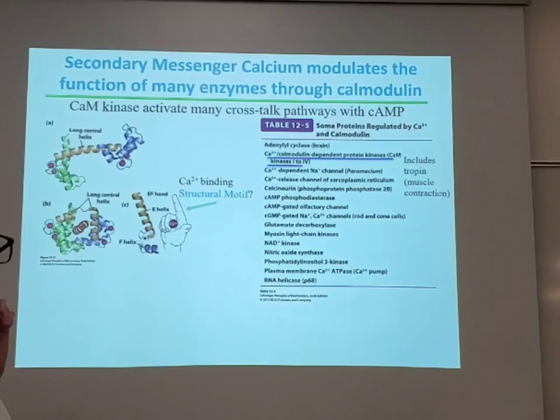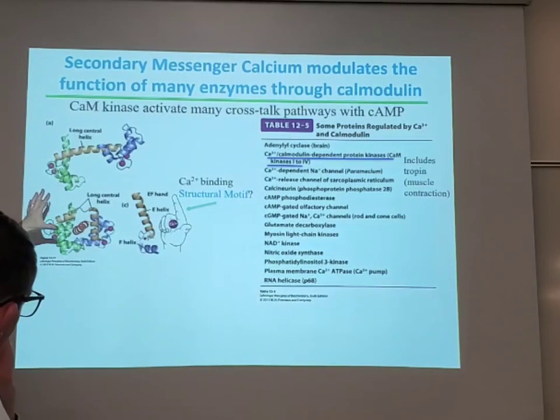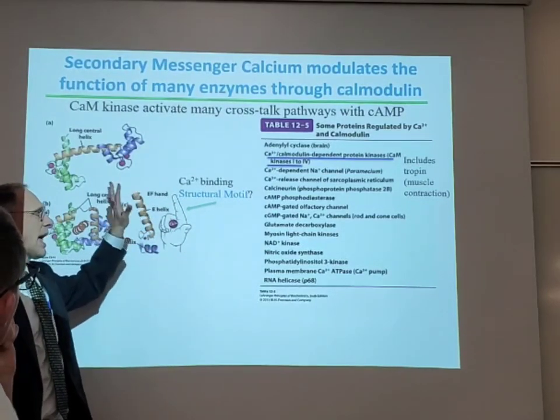Calcium itself, there's a lot of things that can bind to calcium. Calmodulin right here is the one that we're going to talk about. Calmodulin kinase activates crosstalk pathways with cyclic AMP. It is not essential you know any of this at all.